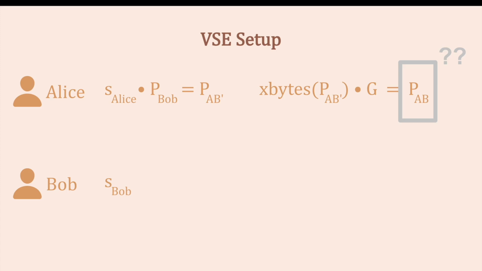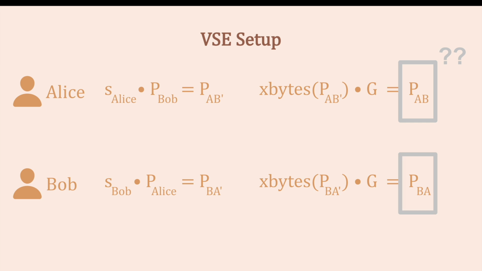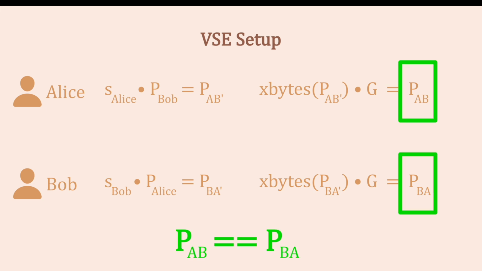Bob takes his master secret and multiplies it by Alice's public point, which gives us the same secret point, and if we take x bytes as a secret scalar times G, that gives us the public shared point. And if the two points are equal, it effectively means Bob has acknowledged Alice's point, the encryption point.